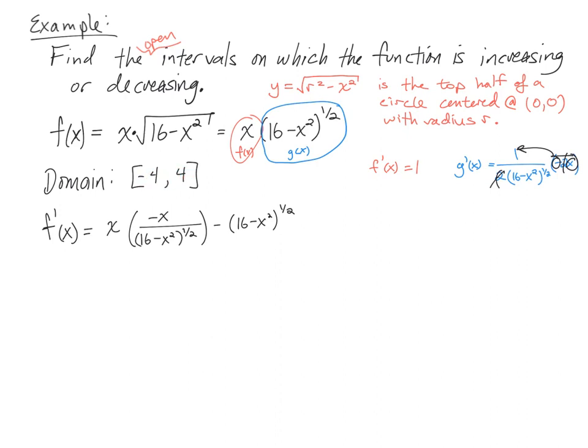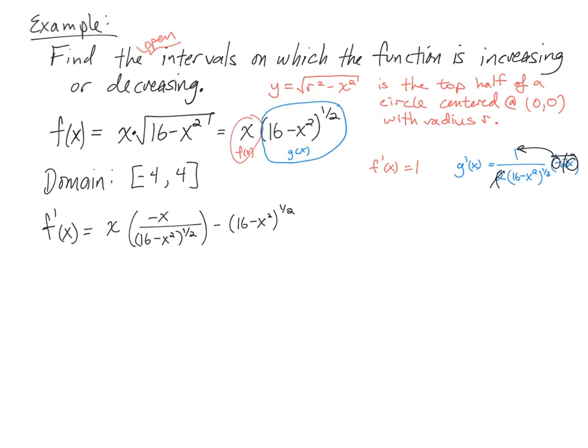And so the first thing, since we have the derivative in front of us, is to look for where the derivative is undefined. Well, I only have a denominator here, so I can set that denominator equal to 0 and find out where the derivative is undefined.